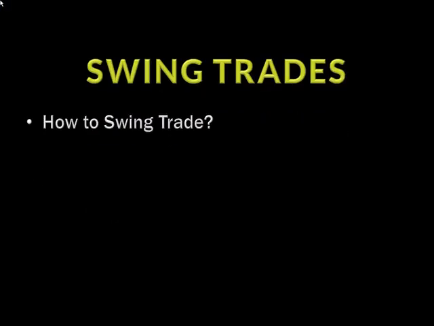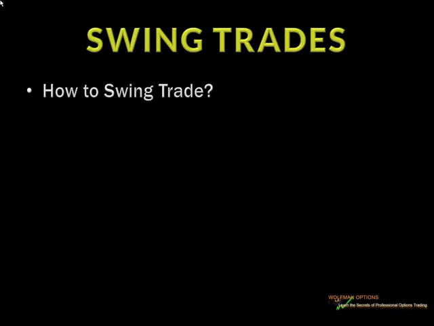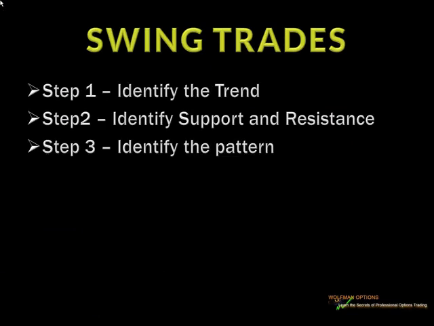And then, so how do we swing trade? Well, we talked a little bit about this. What we're going to do is first identify the trend, right? Check. Find the support and resistances and then identify the pattern within the trend. This is the step that is going to determine our directional assumption.